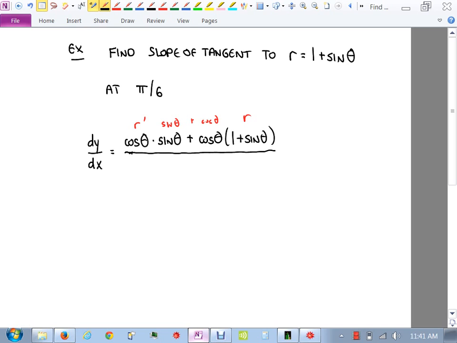r prime again, so cosine theta times cosine theta minus sine theta times 1 plus sine theta.